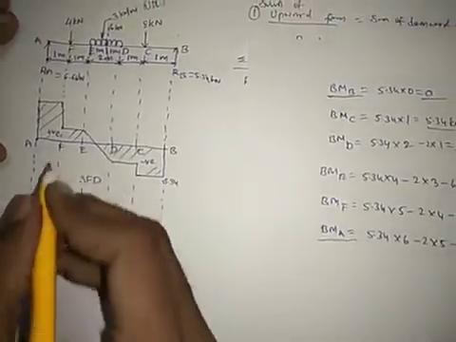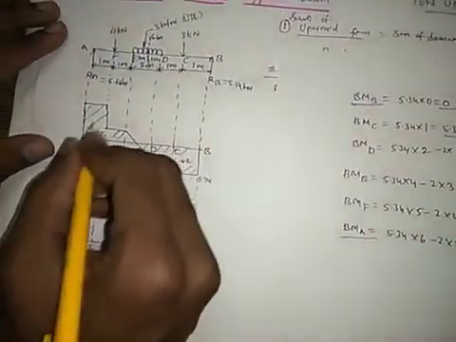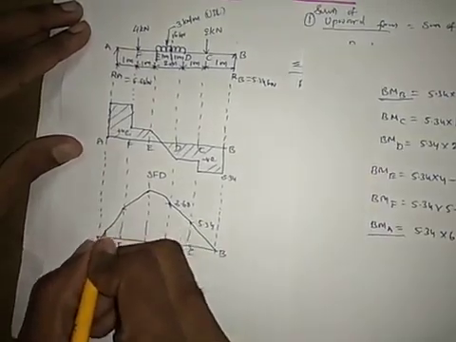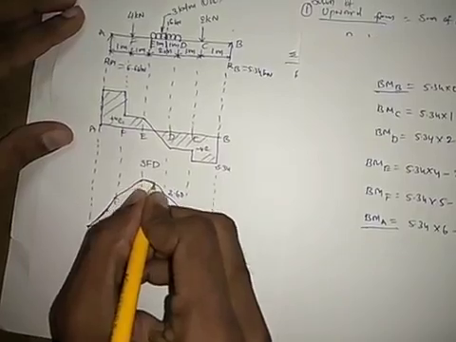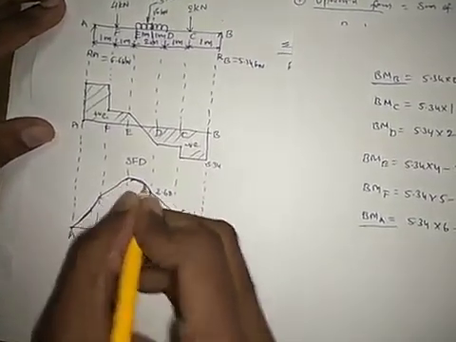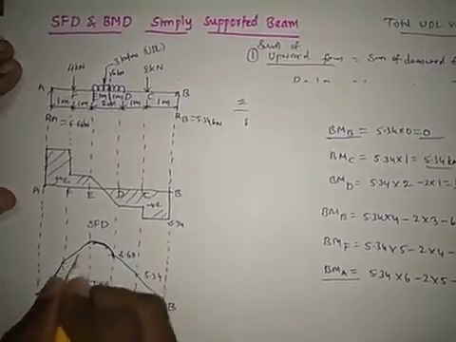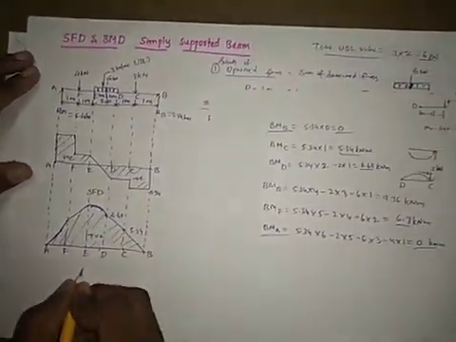And next, from 6.7 to 0 at A, between F to A it is a horizontal line, so we'll get once again an inclined line, like this. Only here you will get a parabolic curve. So the total is positive, and this is the bending moment diagram for the given case.